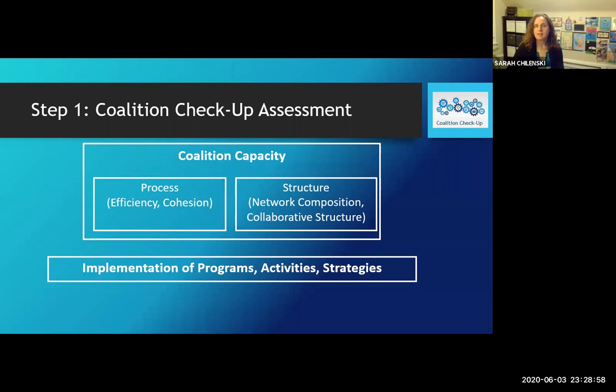That information is collected with coalition member surveys. We will also collect information about the programs or activities that are connected to the coalitions or other strategies that the coalition is implementing. Those data typically come from interviews with program or activity coordinators and coalition leaders. After collecting this information, we then move on to step 2.